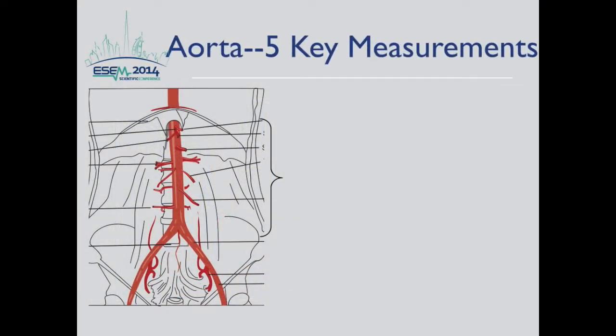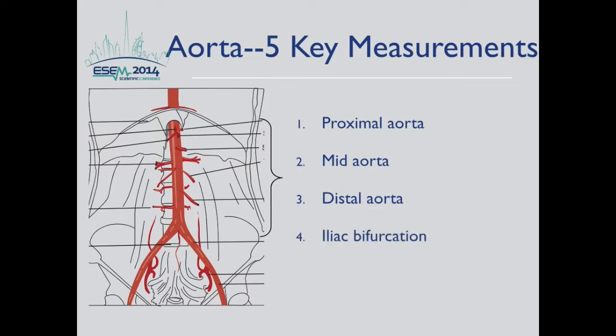To perform the abdominal aortic aneurysm scan, we recommend that the entire length of the abdominal aorta should be imaged in real time for a complete exam. In order to document these findings, it is helpful to especially image the following 5 areas: a transverse view of the proximal aorta, a transverse view of the mid-aorta, a transverse view of the distal aorta, and a transverse view of the distal aorta showing the bifurcation into the common iliac arteries.